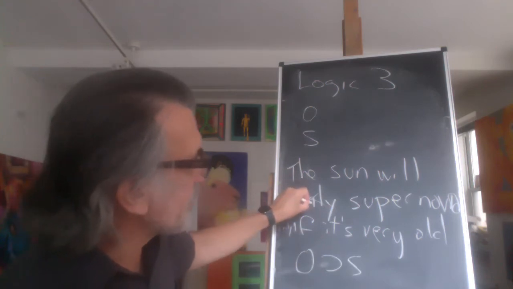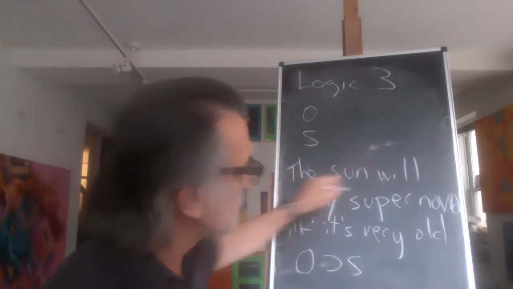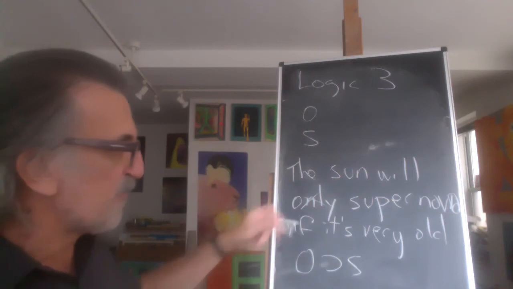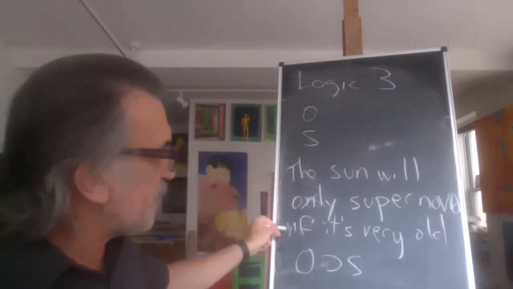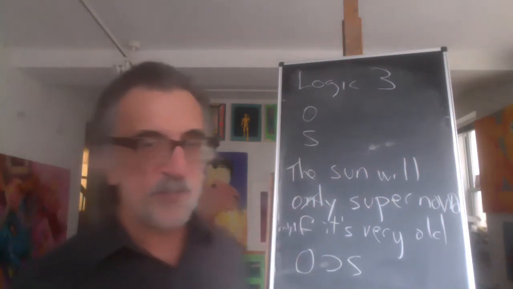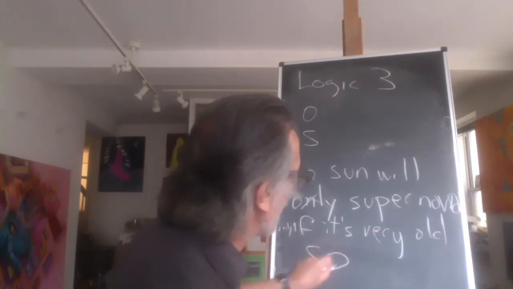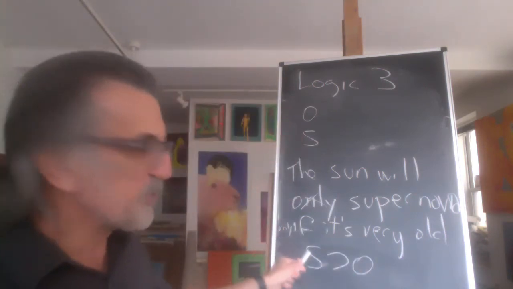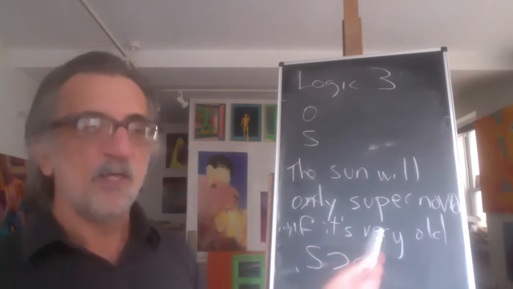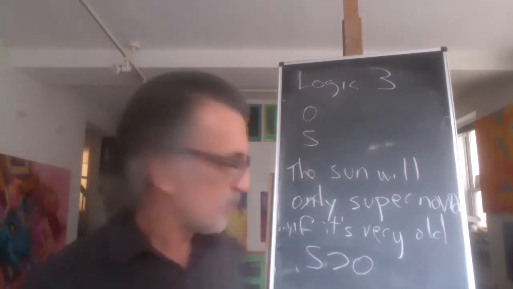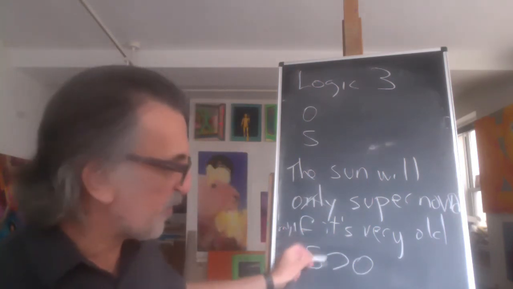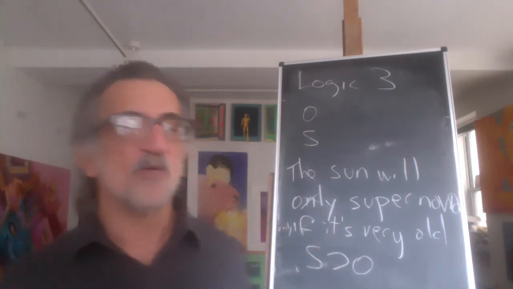This "only" is a little bit confusing because it appears in the middle of another proposition, but it really goes with that "if," okay? So it's not if O then S, it's if S then O. If the sun supernovas, then it's very old. Or the sun will supernova only if it's very old.